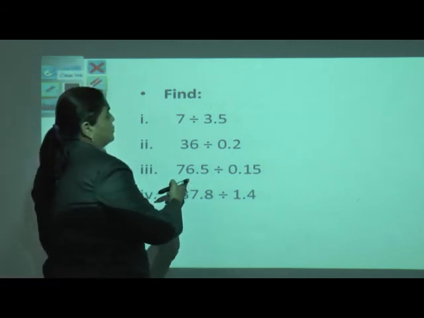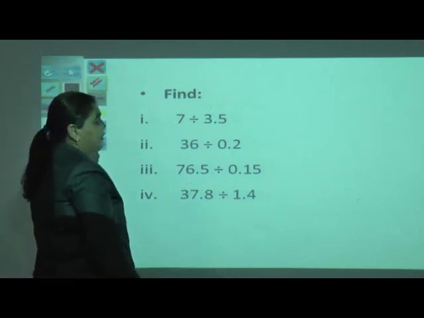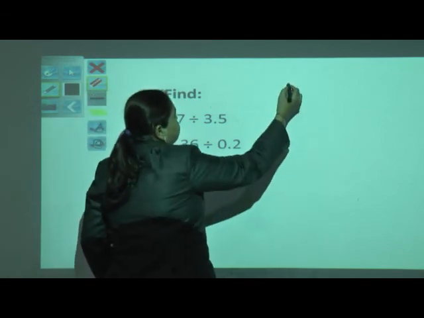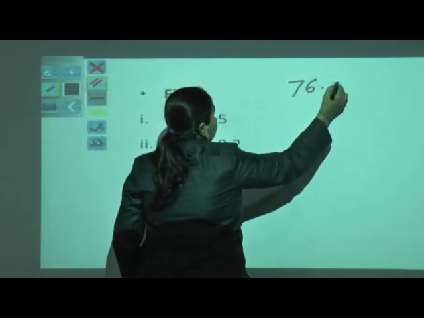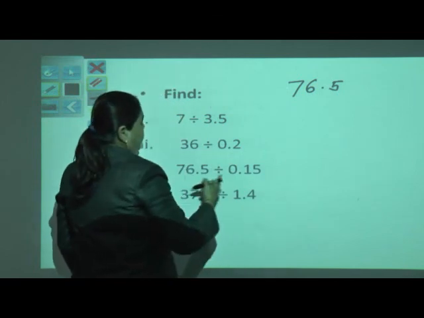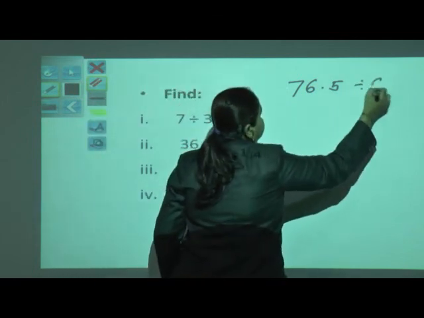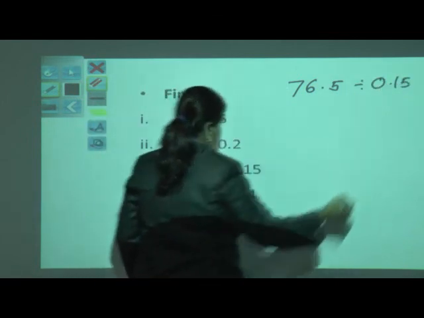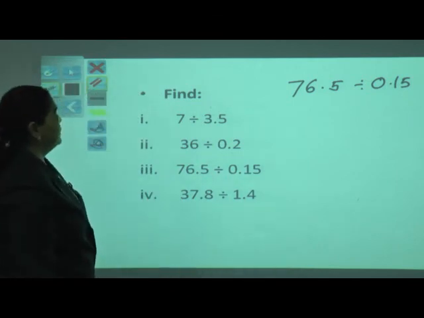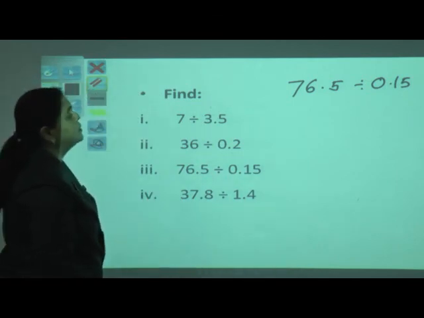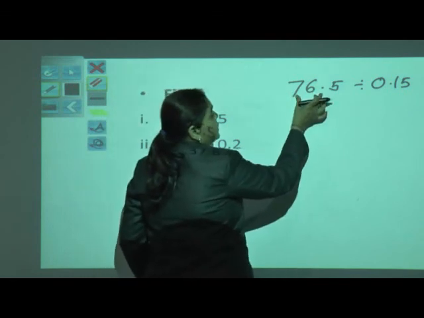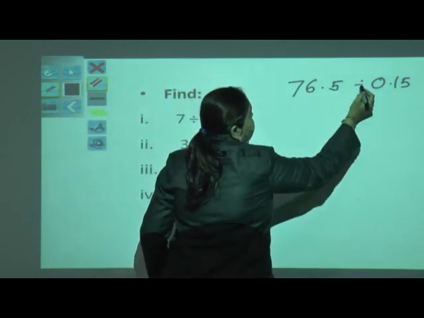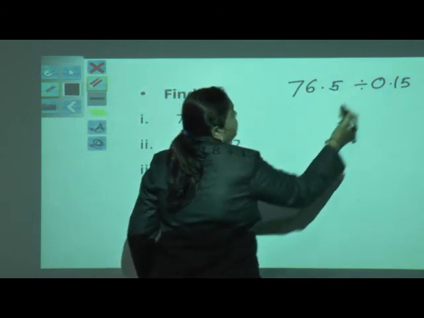We will see one more example, that is 76.5 divided by 0.15. Here a decimal is divided by a decimal.